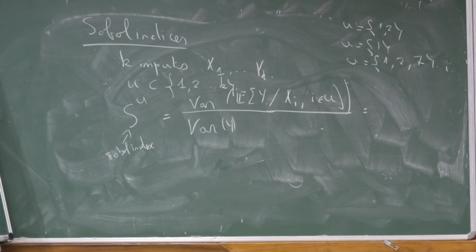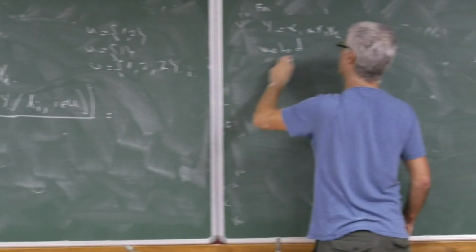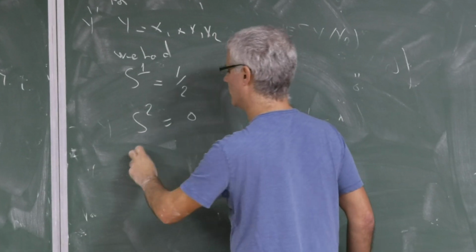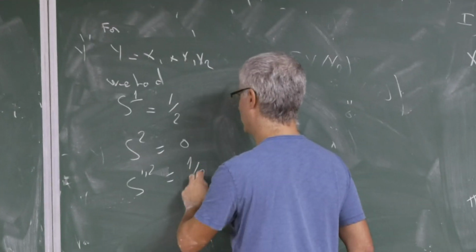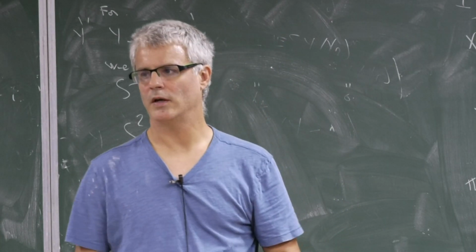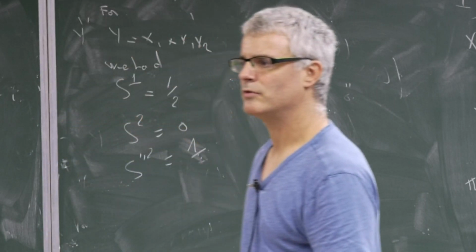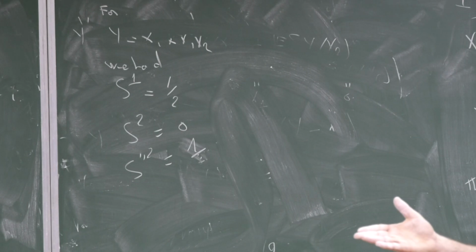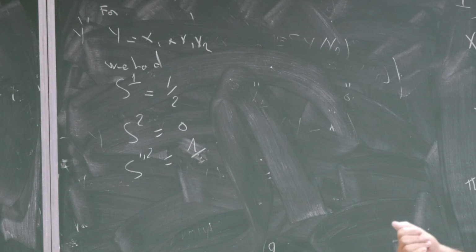For this example, we get S1 equal to 1/2, S2 equal to 0, S12 equal to 1. Of course, if I take all the variables, the influence I have is 100%.